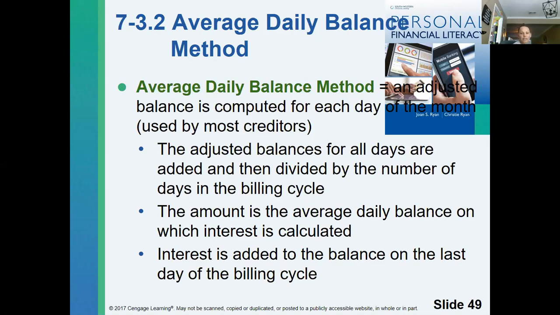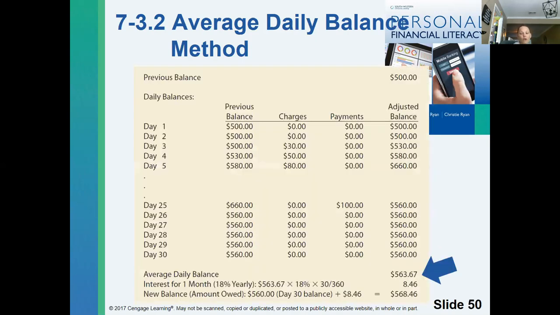So the adjusted balances for all days are added and then divided by the number of days in the billing cycle. So average, we know to find the average, you add everything up and divide. So this example here, it's the same thing. The previous balance that came over was $500. You can see they didn't charge anything day 1 or 2.